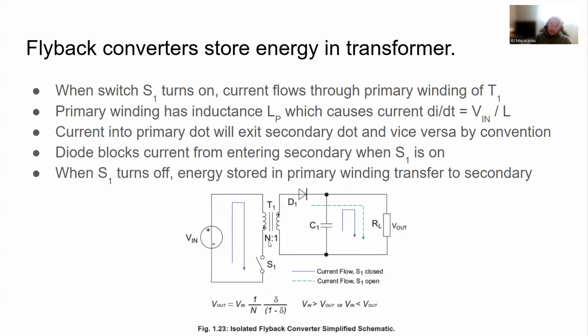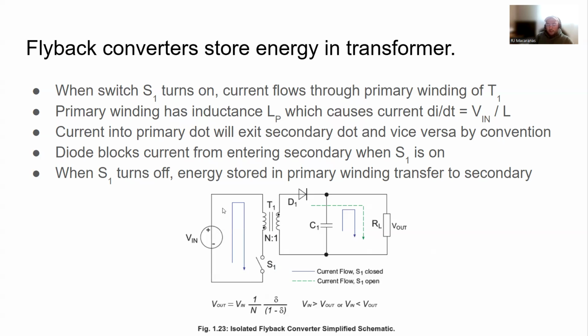And honestly, I had to look it up just to make sure that I had it correct. The general idea is when current goes into the primary dot, then it's going to exit the secondary dot, and vice versa. So in this case, when S1 is turned on, current is exiting the primary dot, which means that it'll want to enter the secondary dot. And it can't do that because in that case, this diode will be reverse biased and it's going to block the current from flowing into this secondary winding here, right?